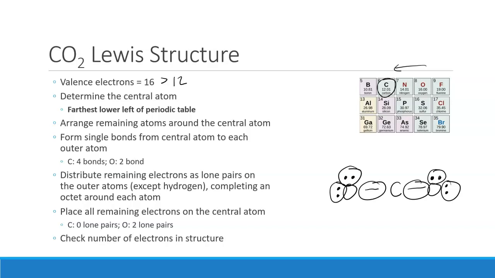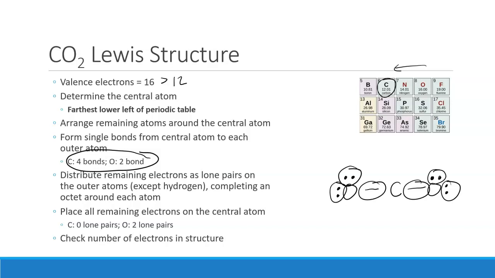And the number of bonds for carbon should be 4, and for oxygen it should be 2. We don't have 4 bonds to carbon, and we don't have 2 bonds to each oxygen. So something is weird compared to our past structures.